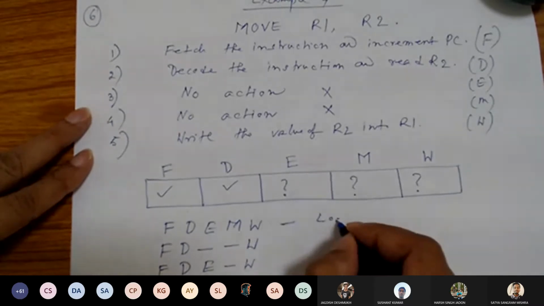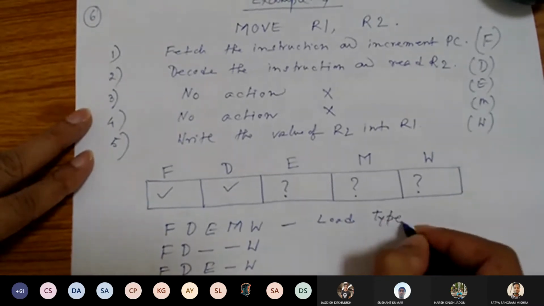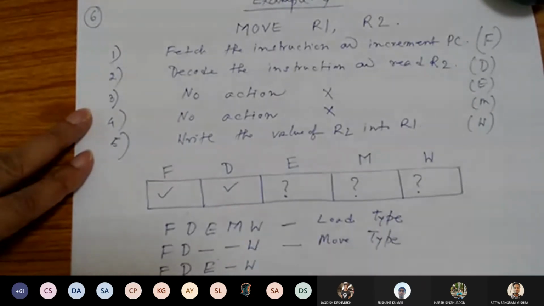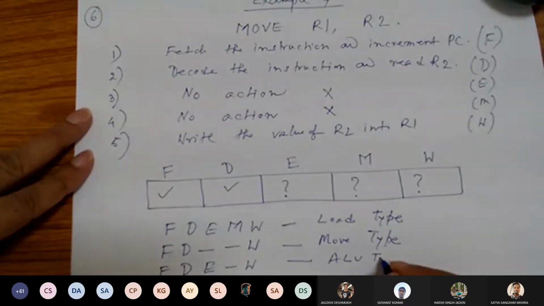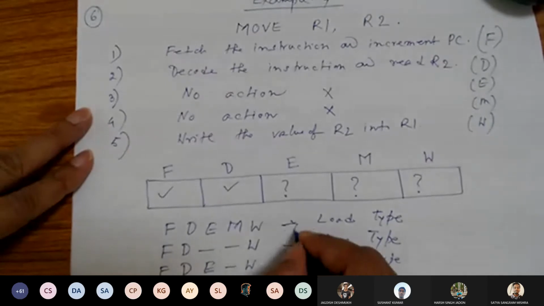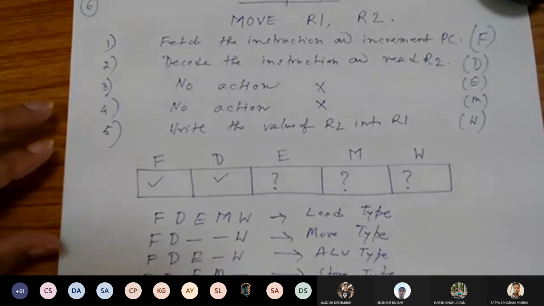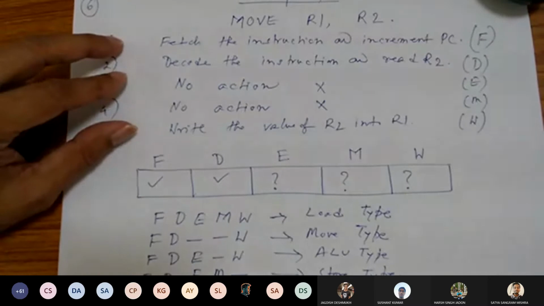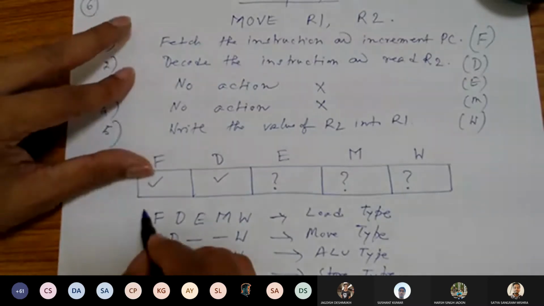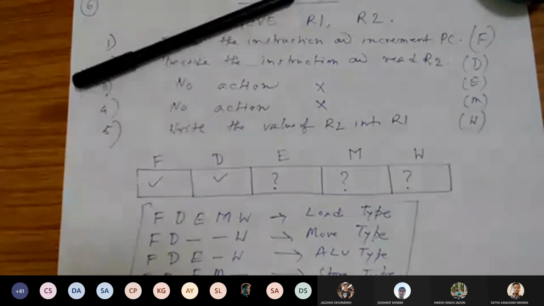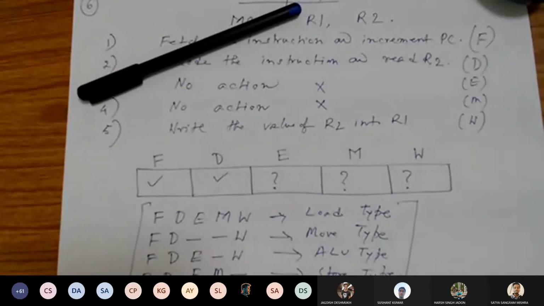This is load type. This is move type. This is ALU type. This is store type. Is that clear? This encoding?